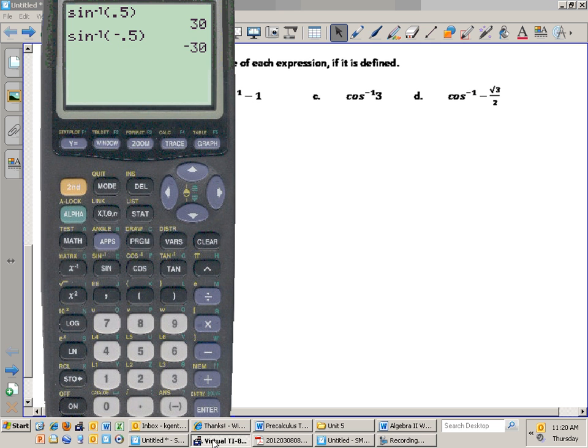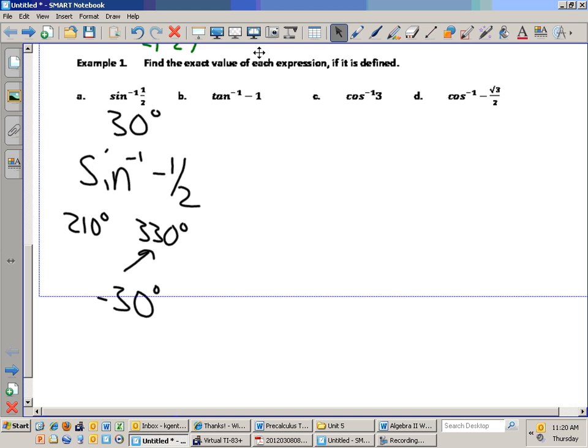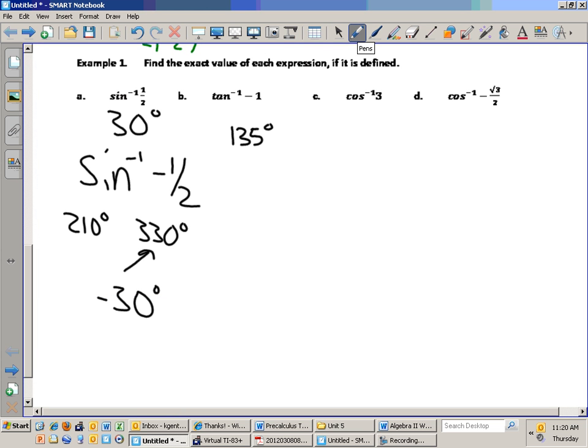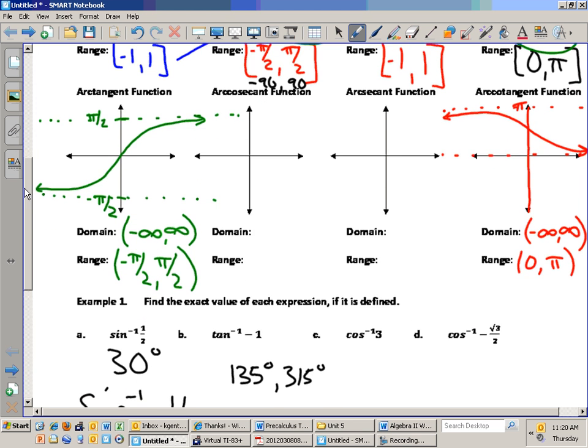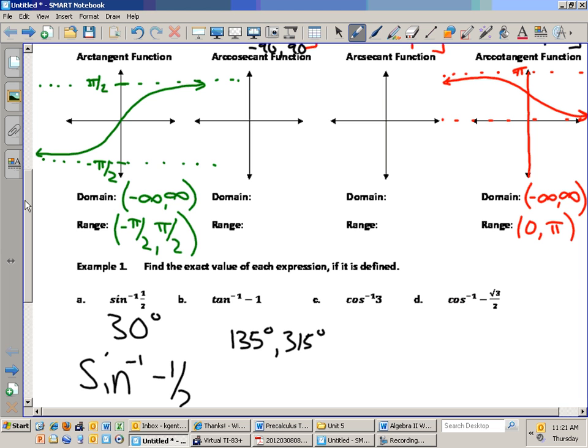Tangent inverse of negative 1. Look on your sheet. How many places is tangent equal to negative 1? 135 degrees, right? And 315. Well, if you look at arctangent up here, it says that we have to get a value between negative 90 degrees and positive 90 degrees.